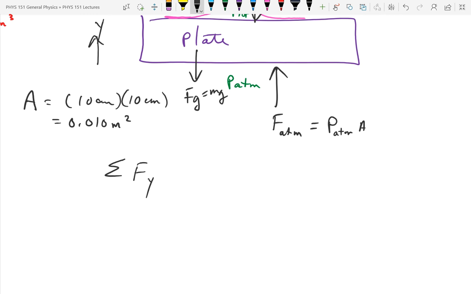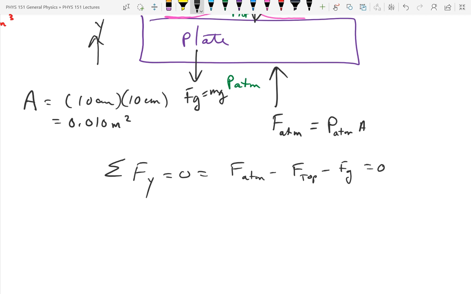if I sum the forces in y, I have to define what direction y is. I have my upward force minus my downward forces equals 0.